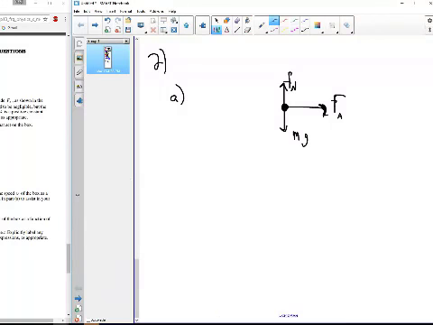I think on the AP, they don't really give you a time here. They don't give you any specific value. They don't tell you if it's towards the beginning or towards the end. So I'm going to say that the drag force is equal to F_a. So F_d is equal to kv.